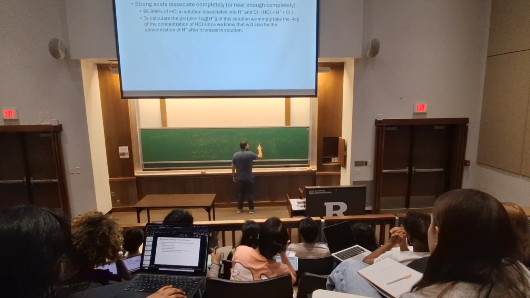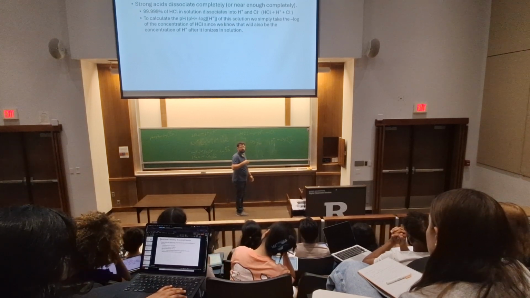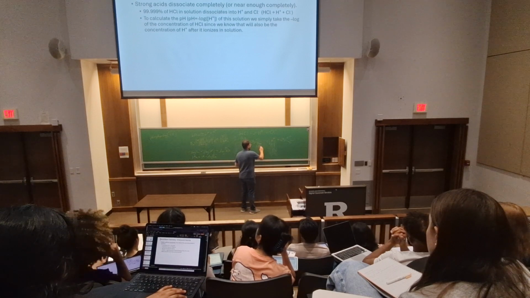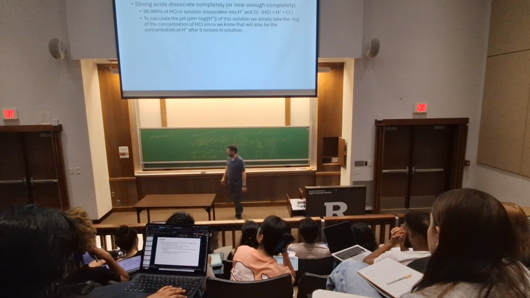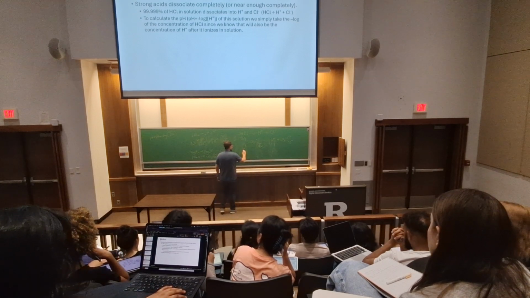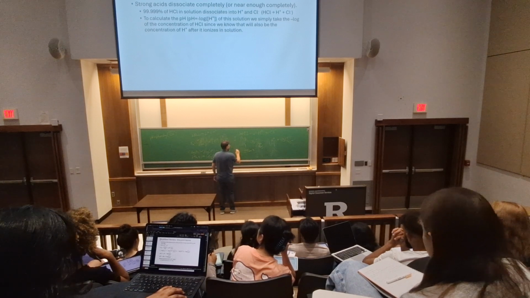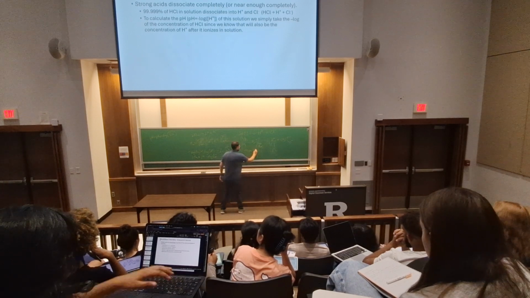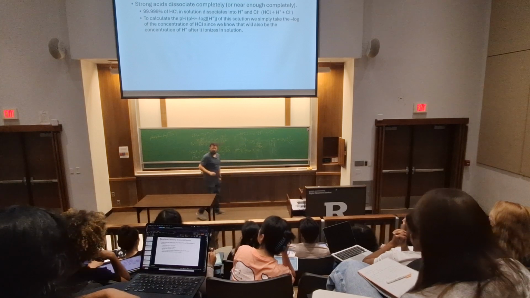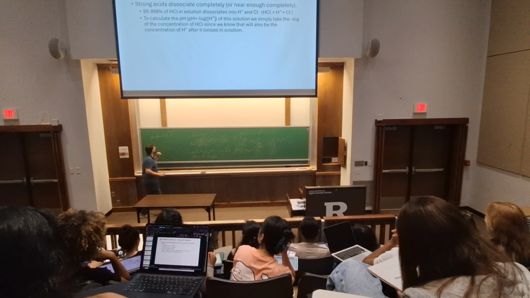The pKa of this proton is 4.75. How did I know that? Well, I know that the Ka is 1.778 times 10 to the minus 5. Take the negative log of this, it's 4.75. So the pKa is 4.75.